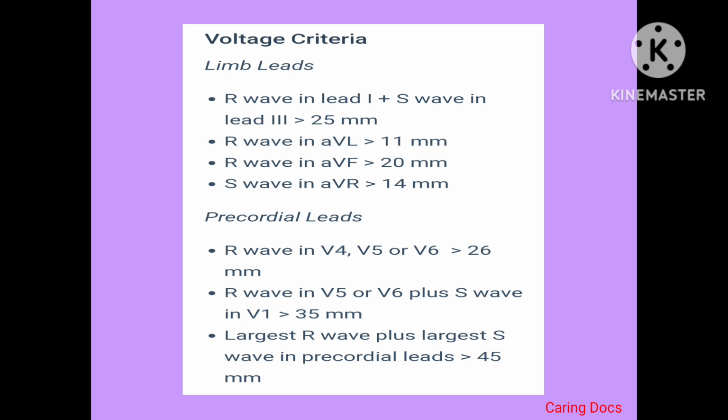In the precordial leads, if R wave in V4, V5 or V6 is more than 26 mm, or R wave in V5 or V6 plus S wave in V1, if their sum is more than 35 mm, this is the Sokolov Lyon criteria.